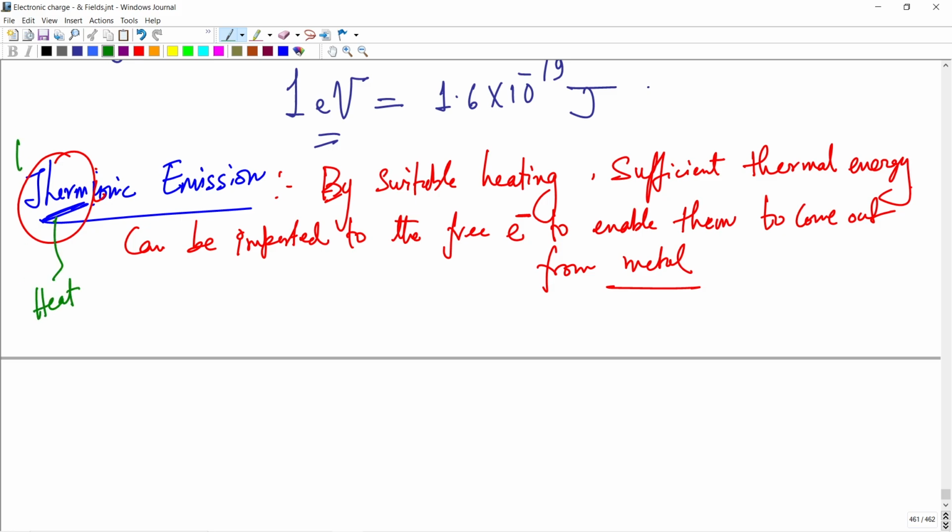The first physical process is heat, and the second physical process is electric field, called field emission.